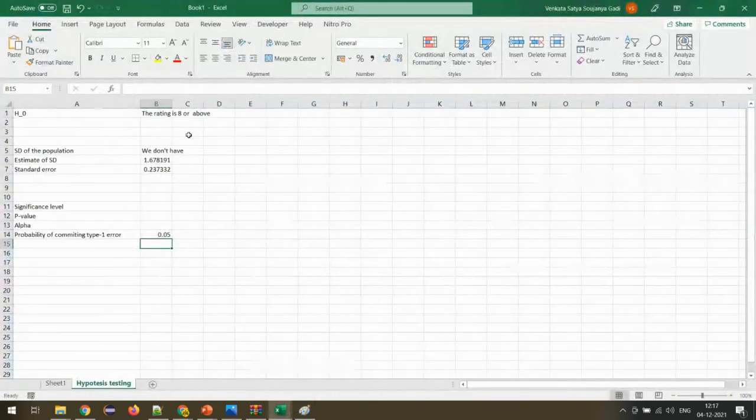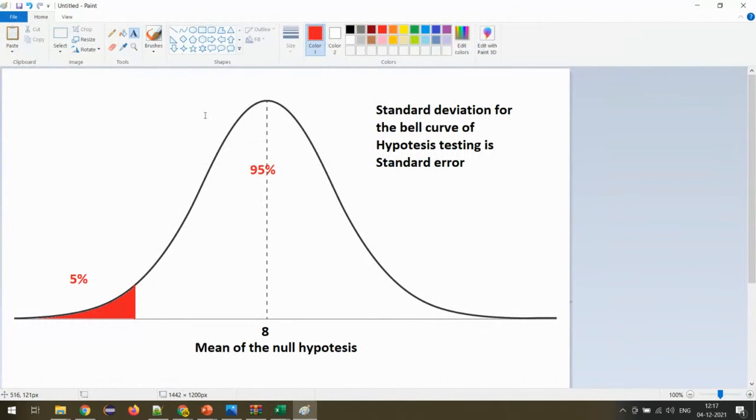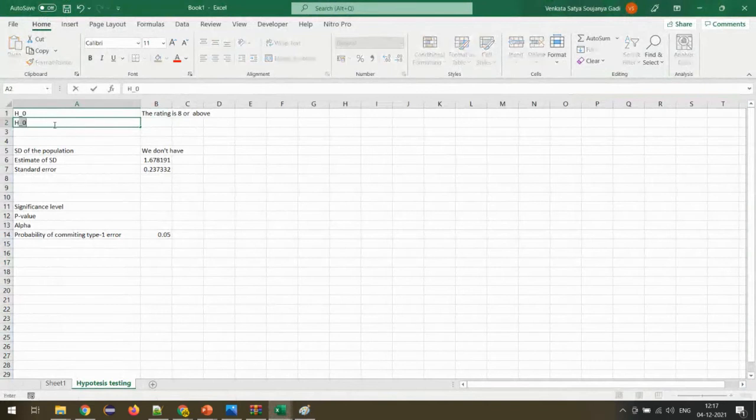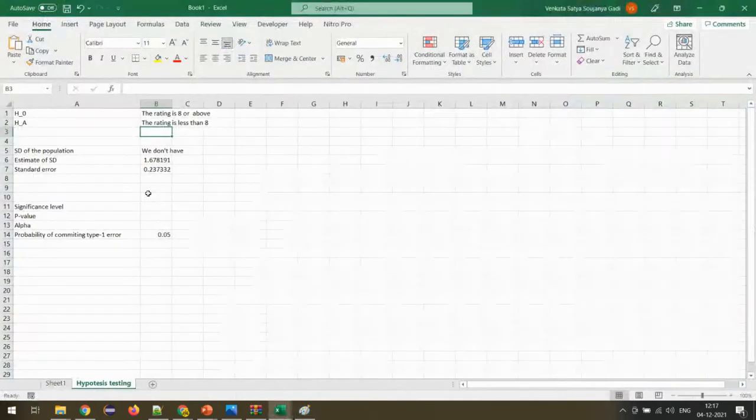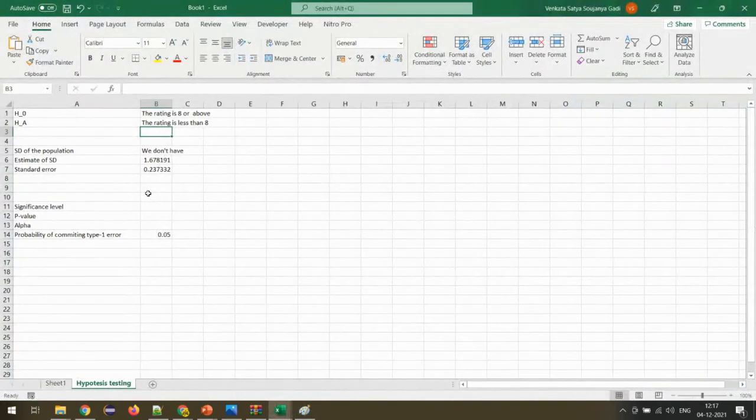Here I'm saying the rating is 8 or above. If I say 8 or below, the alternate hypothesis is going to be the opposite, and the other side will be painted, right? So what are we actually painting? We are painting the alternate hypothesis, which is that the rating is less than 8. Remember, the alternate hypothesis and null hypothesis are opposite.